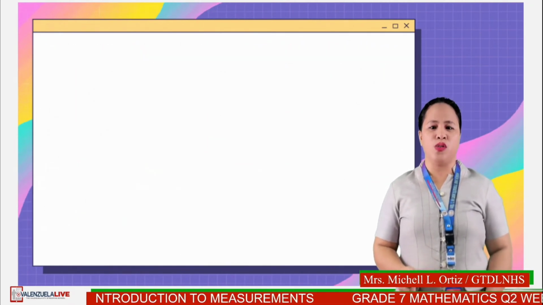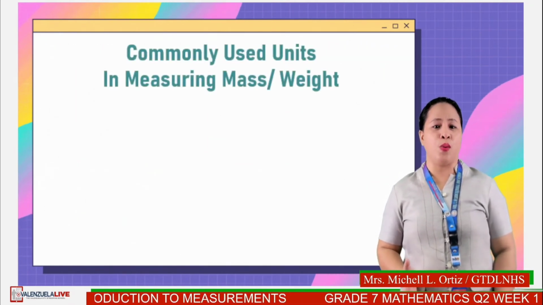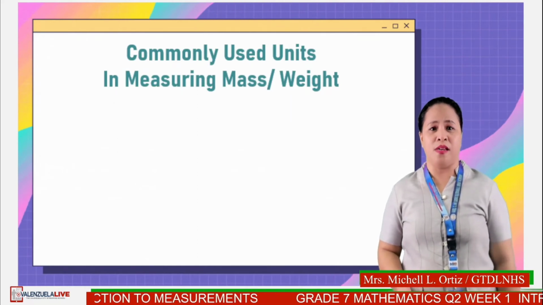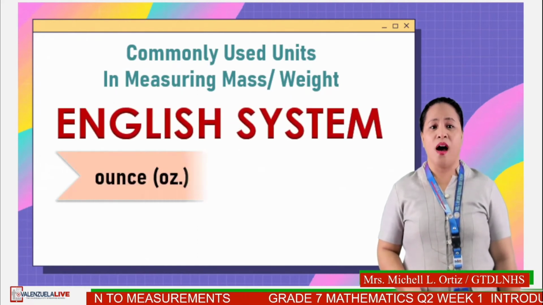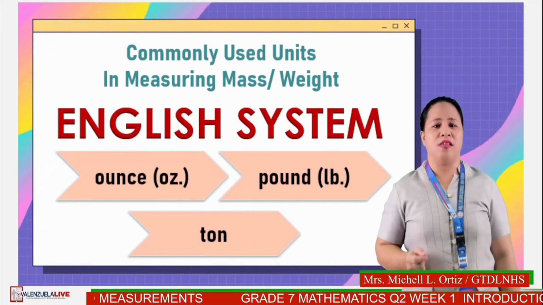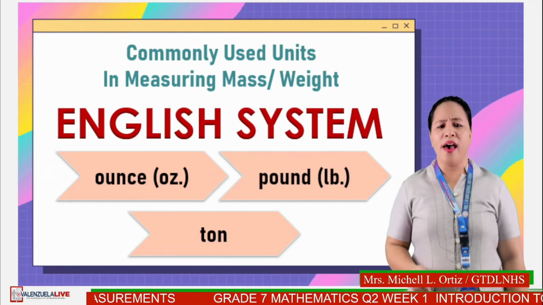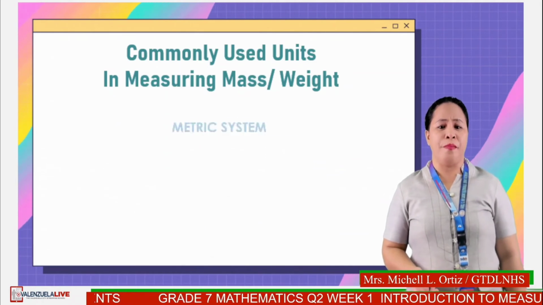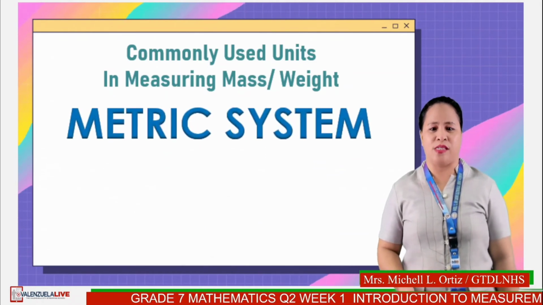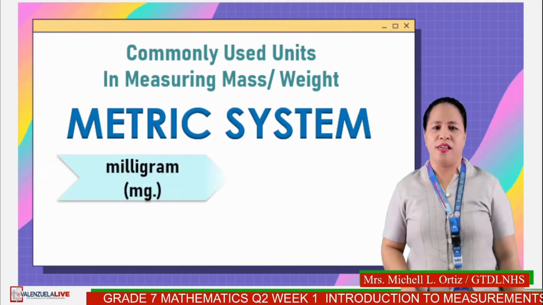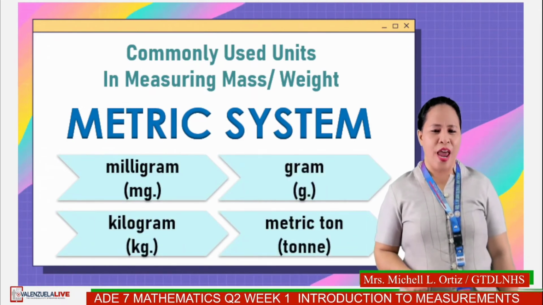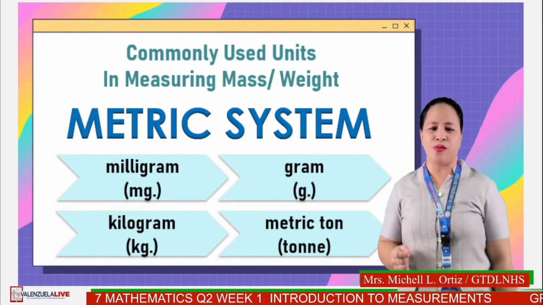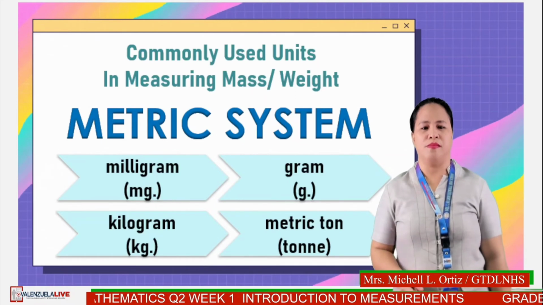Most commonly used units for mass or weight in the English system are ounce, pound, and ton, while the commonly used units in the metric system are milligram, gram, kilogram, and metric ton or ton.